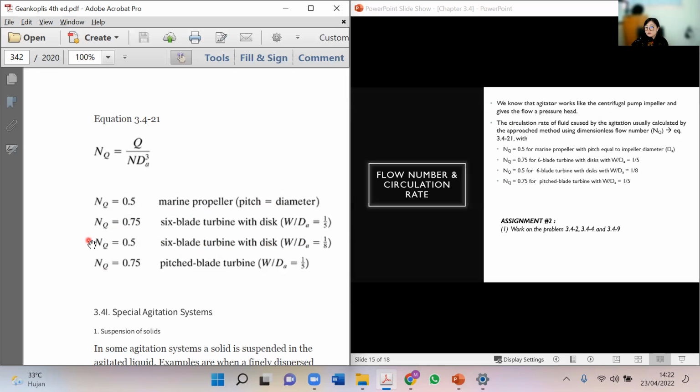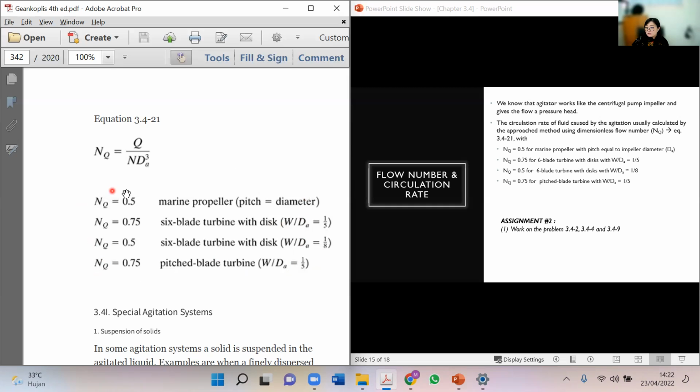And then NQ equals 0.75 for a 6-blade turbine, when the W over the A ratio is 1/5. And then pitch blade turbine when the W over the A equals 1/5.